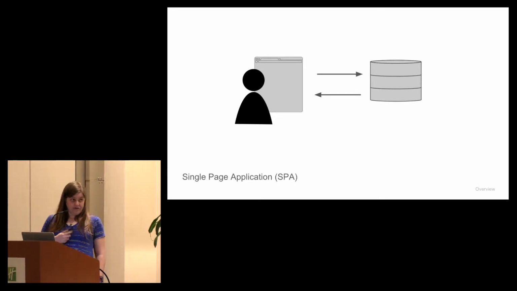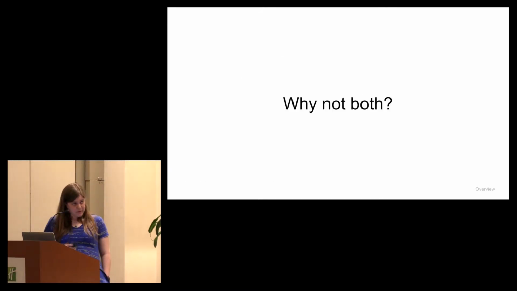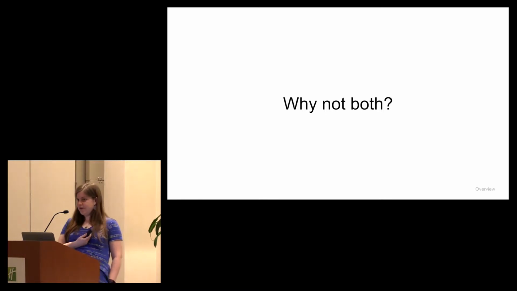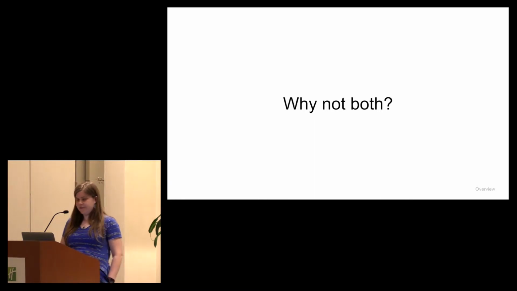And this is great, and generally it's pretty fast. But it has some challenges, especially with performance on initial load and with SEO, which we'll talk more about in a minute. So why couldn't we have the best of both worlds, right? Get a really good initial load and then have a nice single-page application experience for your user once they've loaded the page. And that's kind of the idea with universal app architecture.